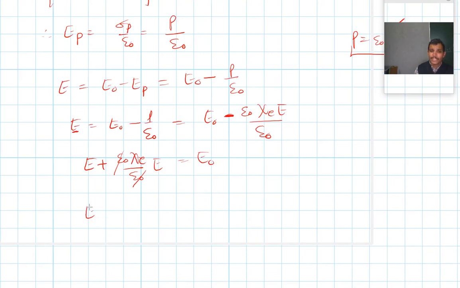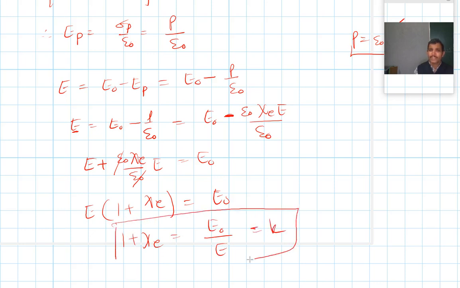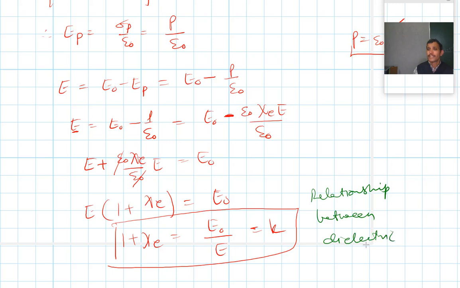And if we take E outside, then E times (1 plus chi E) is equal to E naught, and 1 plus chi E is equal to E naught over E. So this is the dielectric constant. So this is the relationship between dielectric constant and electric susceptibility.